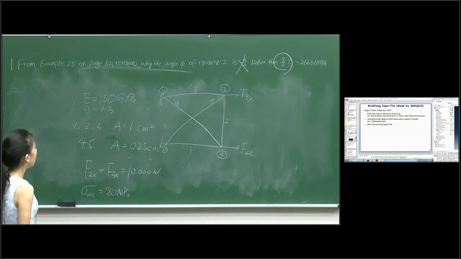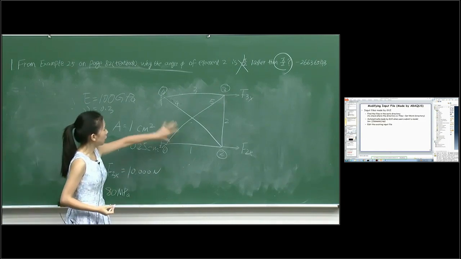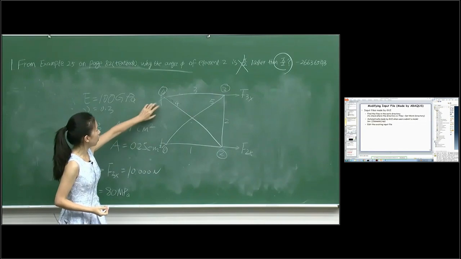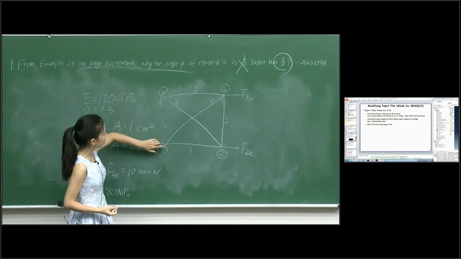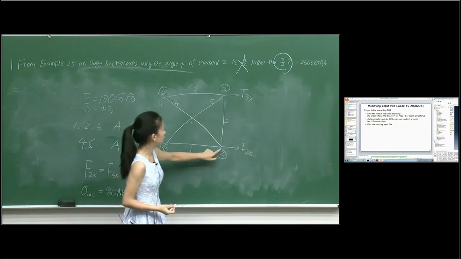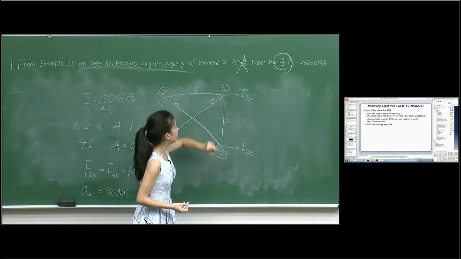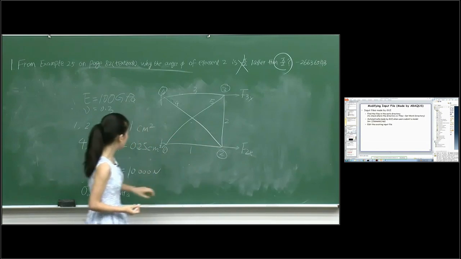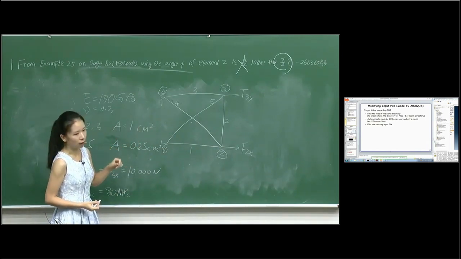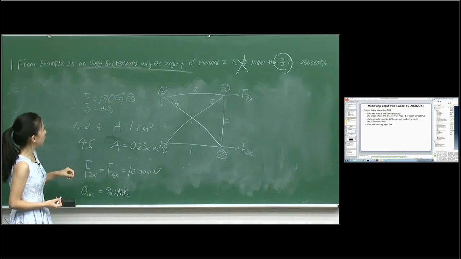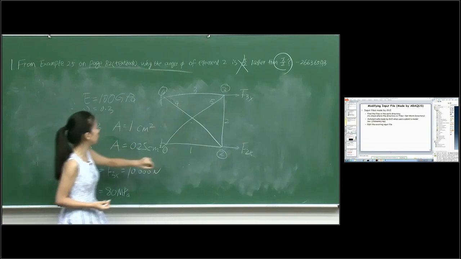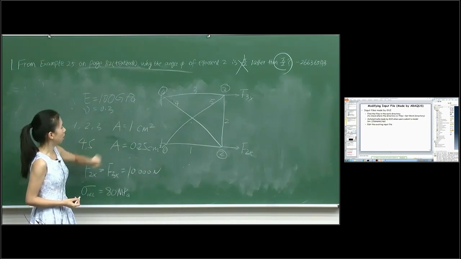So this is our problem. This is a 5 trusses problem, and the boundary condition is this node and this node pin joint. And loading condition is at this node and this node, I apply 10,000 Newton force in the x direction. And the cross-section area for the horizontal and the vertical trusses, I use 1.